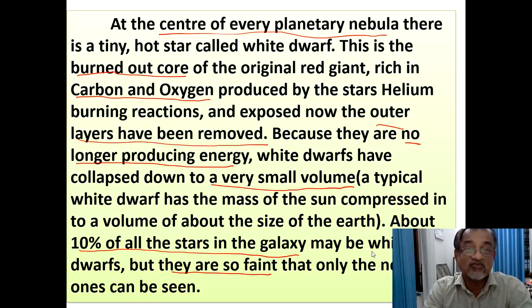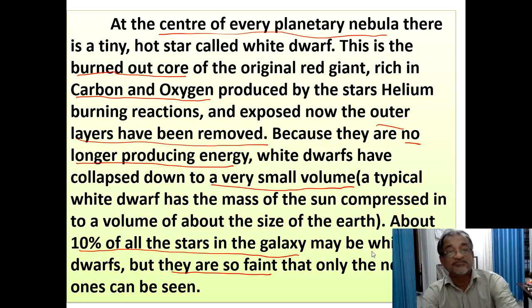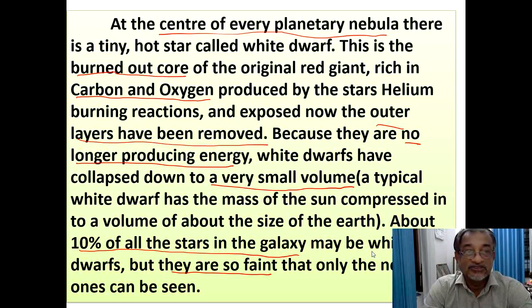And this white dwarf is highly rich in carbon and oxygen. And this red giant also contains carbon and oxygen. And this is produced due to the helium burning reactions, as we have discussed earlier.